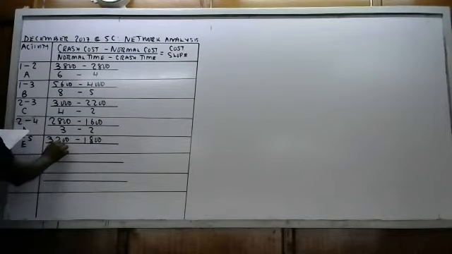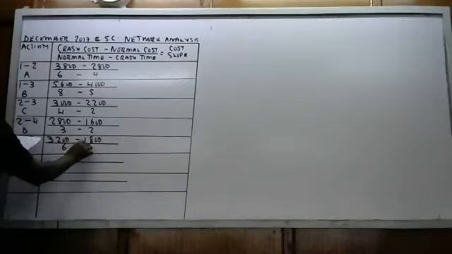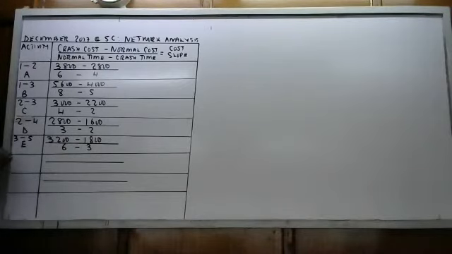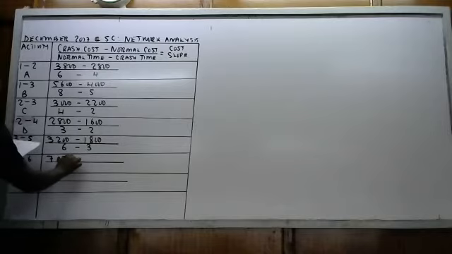Then 4 to 6, that is F. We have 7,000 minus 5,000.